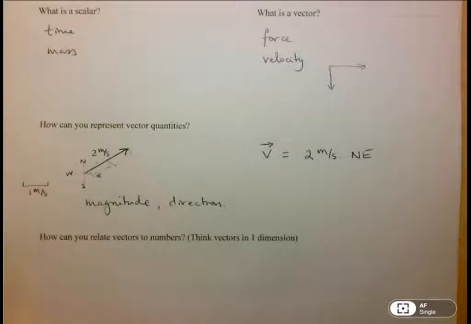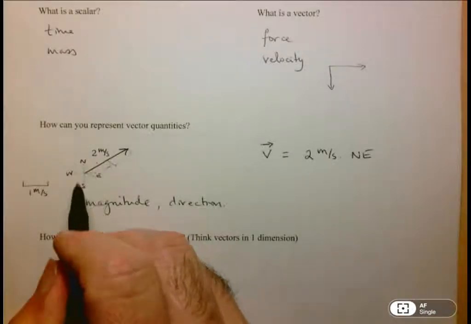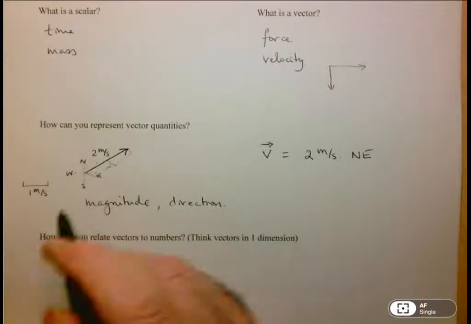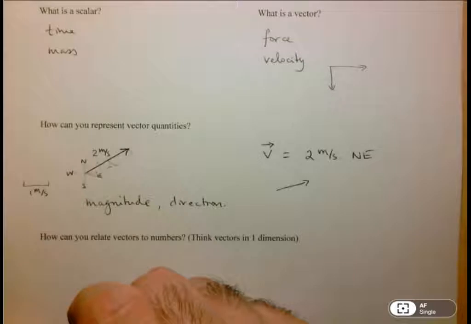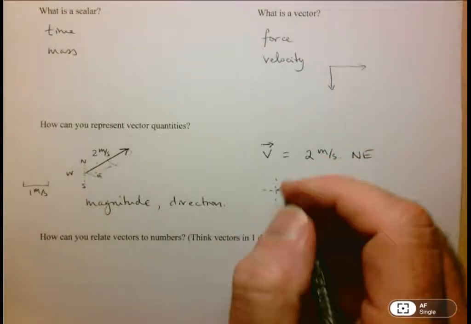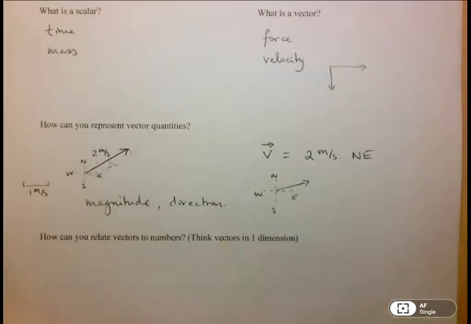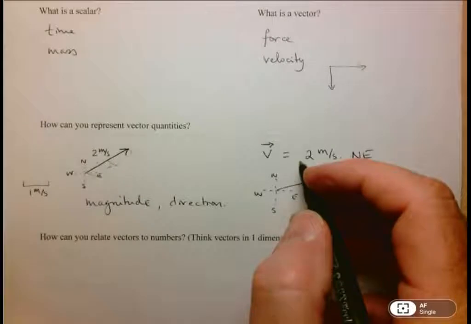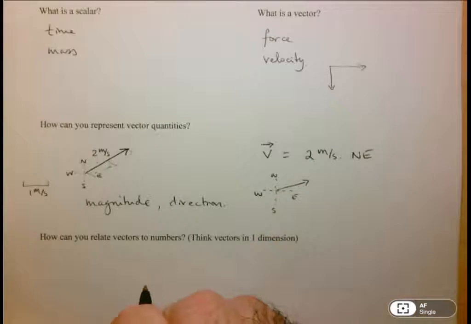Now not everything is going to be exactly between north and east or north and west. What if I have a vector that has this direction here? Well, again, I still use my cardinal points, but here what I do is I measure the angle of this vector from one of the directions.